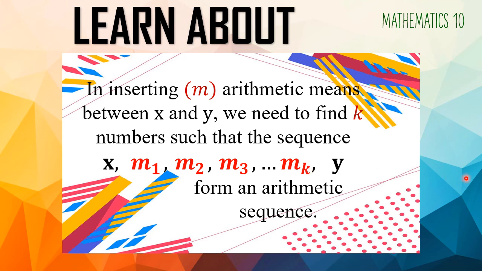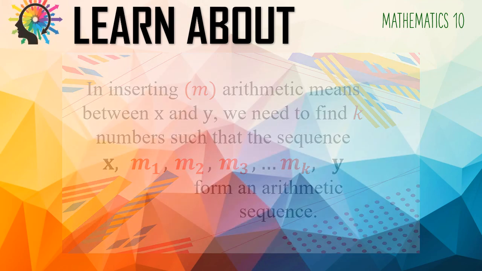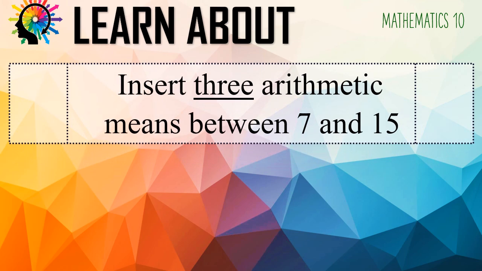So let us have examples so that you can understand thoroughly. First problem: insert 3 arithmetic means between 7 and 15. First of all, we need to interpret this problem so we can proceed with the steps.